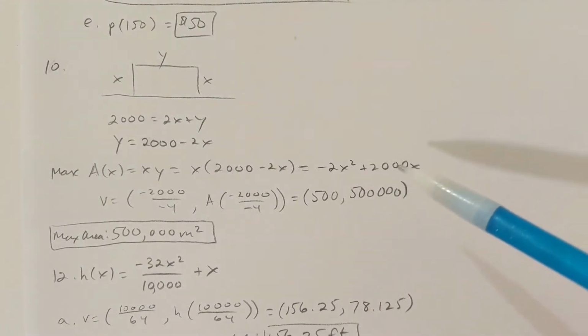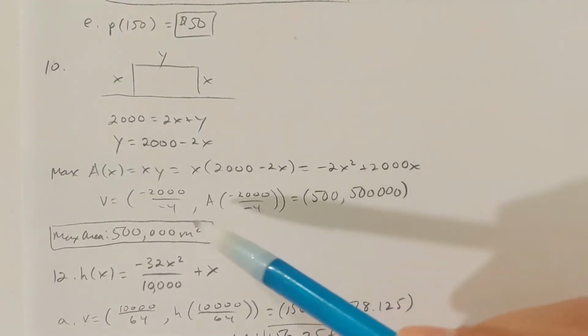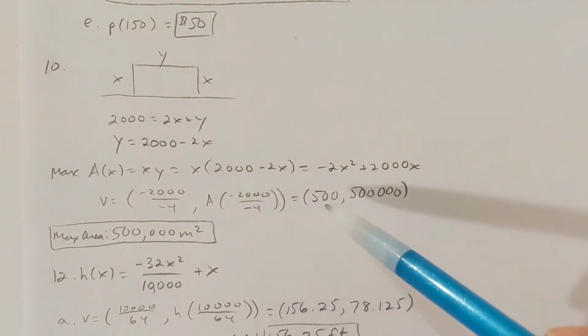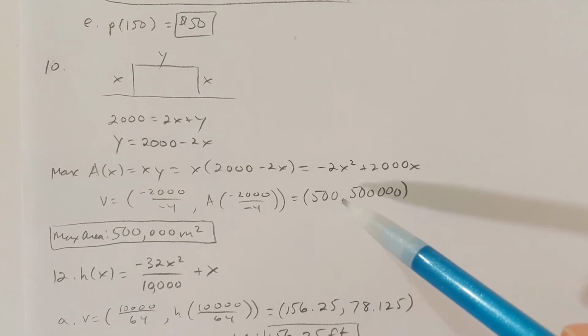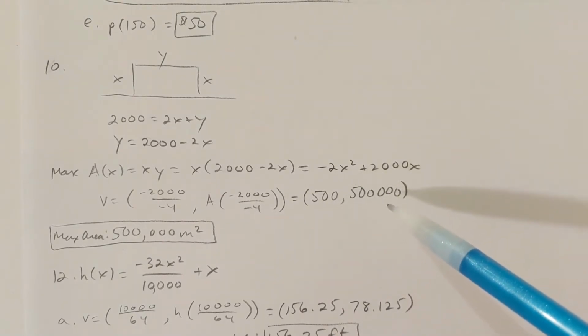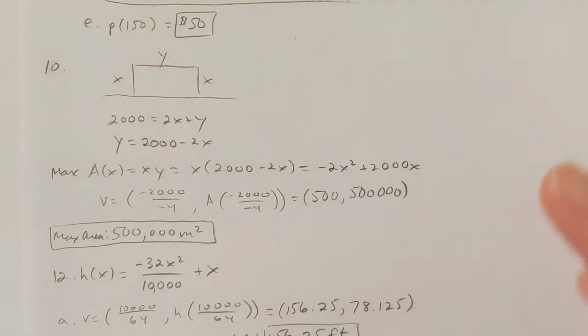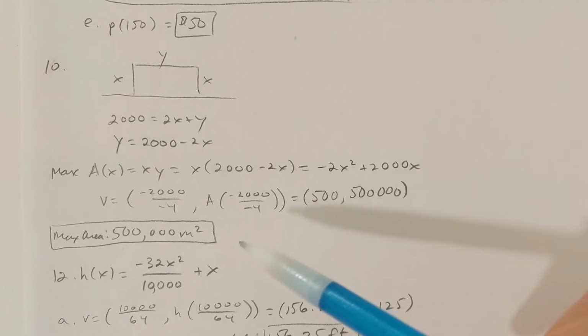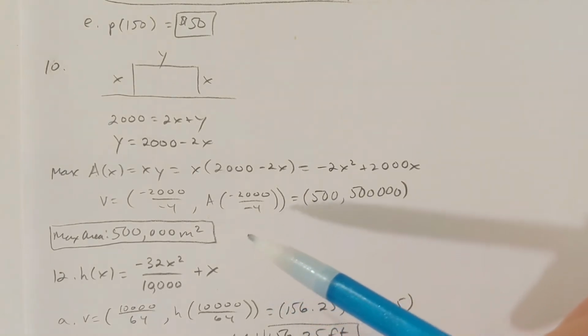For the vertex, I want negative b divided by 2a. Negative 2,000 divided by negative 4 is 500. A of 500 gives me 500,000. So the maximum area that can be enclosed here is 500,000 meters squared.